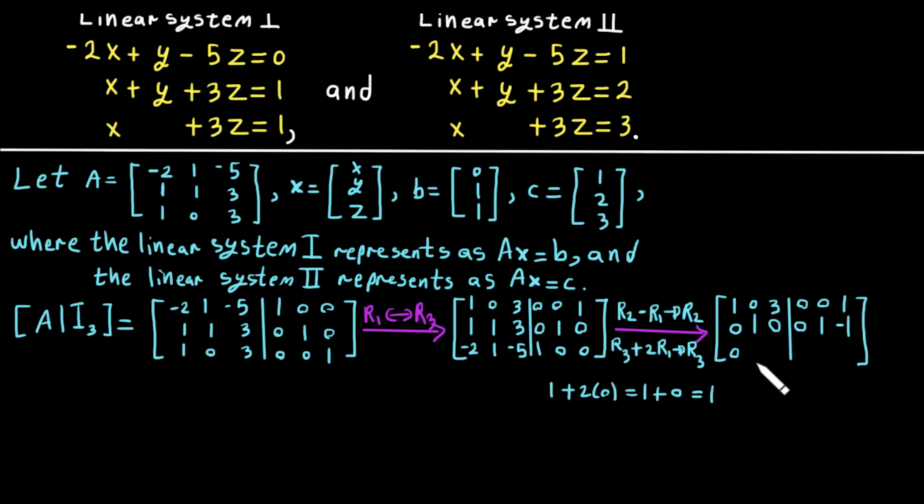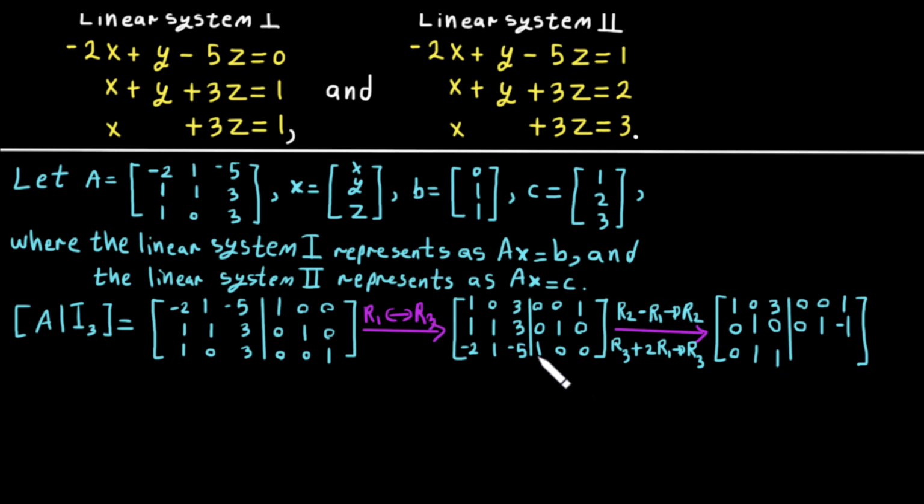So here I have to write 1. -5 plus 2 multiplied by row 1, which is 3. -5 plus 2 multiplied by 3, which is 6. -5 plus 6 equals 1. So here I have to write 1.